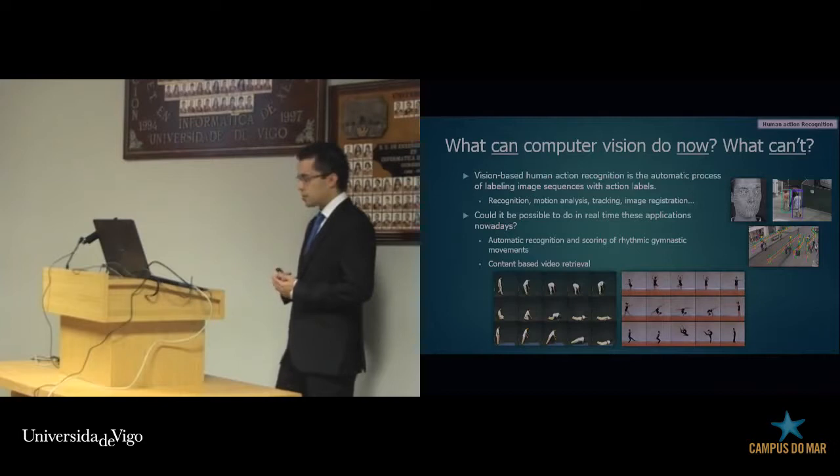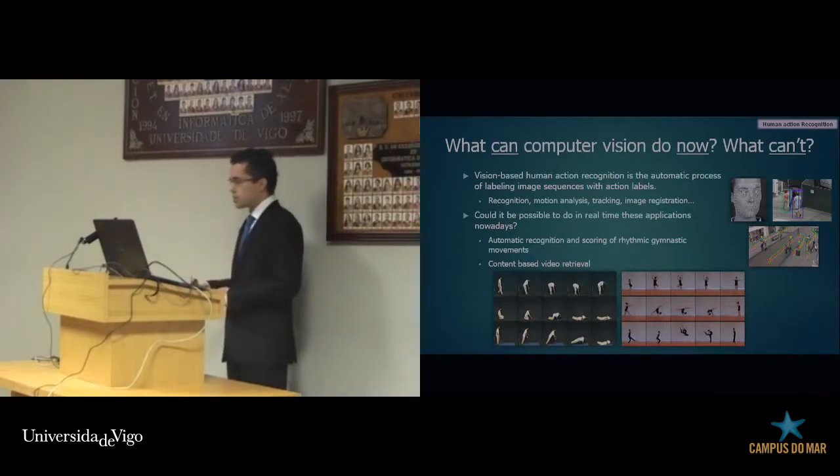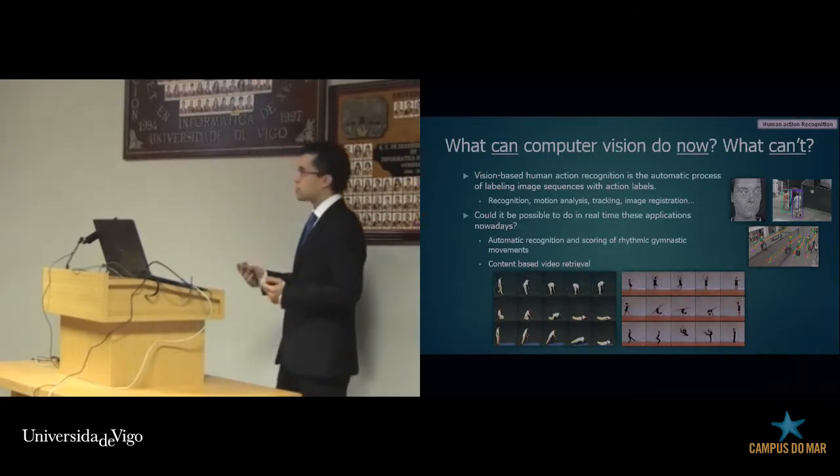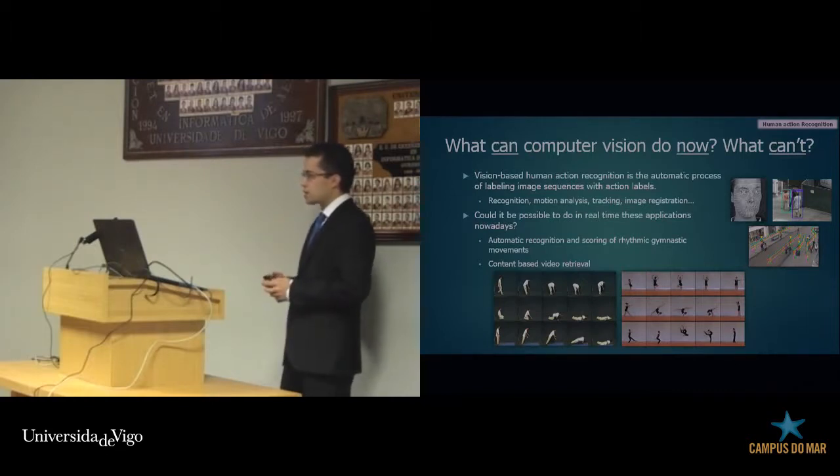There are a lot of different jobs doing that. But the question is whether it is possible to do bigger applications, like, for example, automatically scoring sports, scoring rhythmic gymnastic movements with software, or content-based video retrieval.